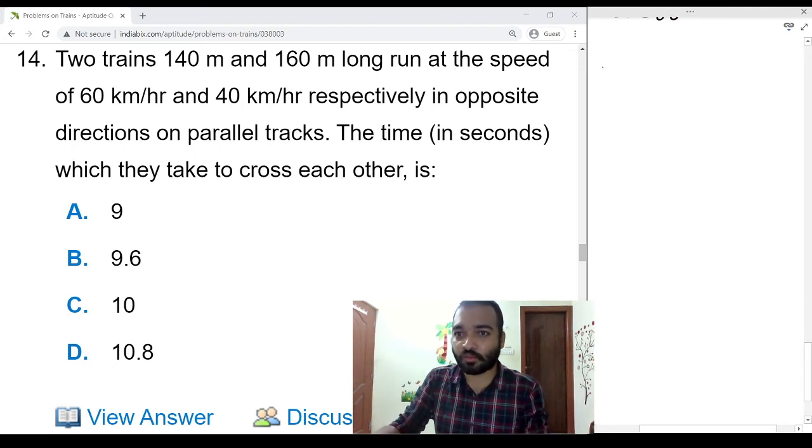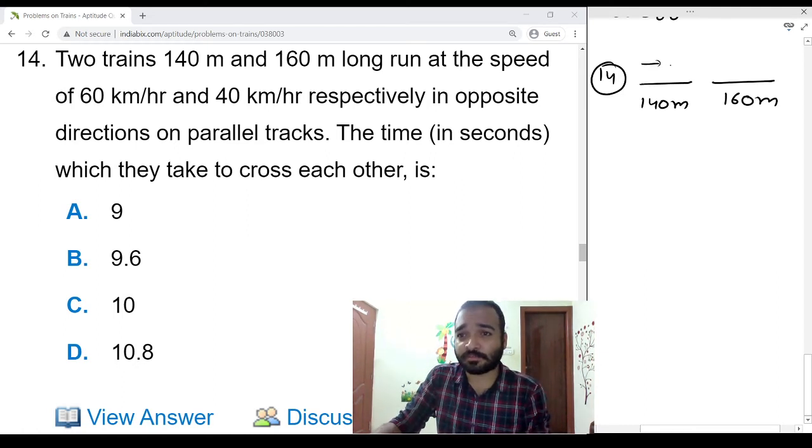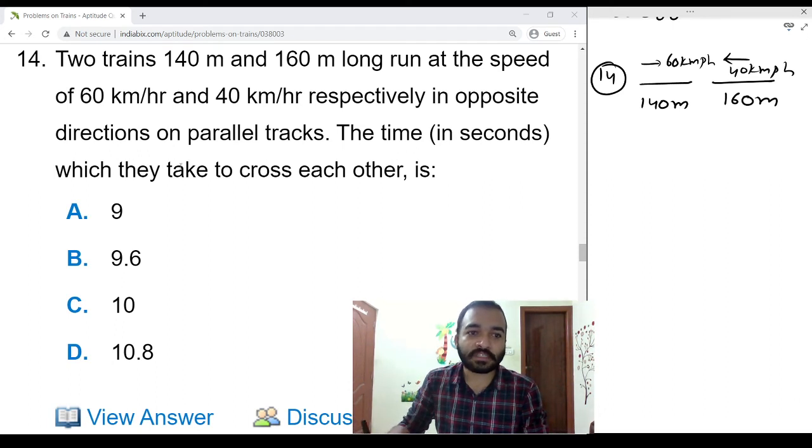Next, problem number 14. Two trains 140 meters and 160 meters run at the speed of 60 kmph and 40 kmph in opposite directions. The time in which they take to cross each other. So total distance they have to travel is 140 plus 160, that is equal to 300 meters.